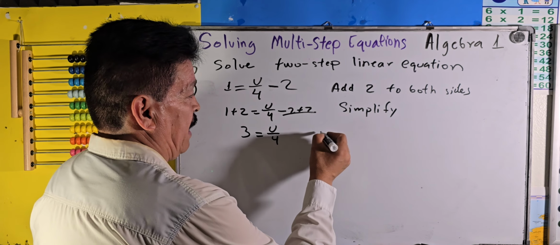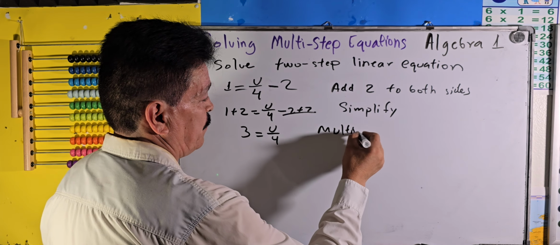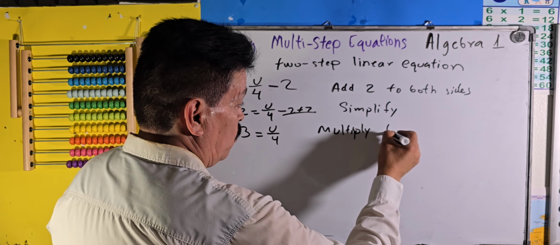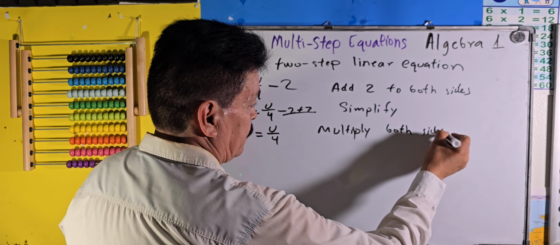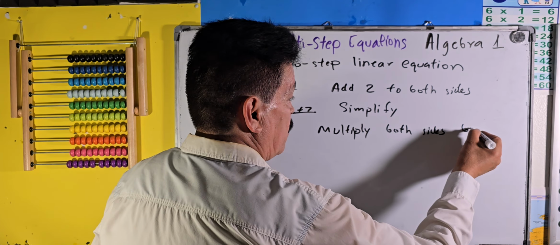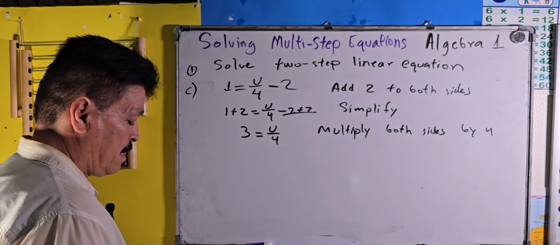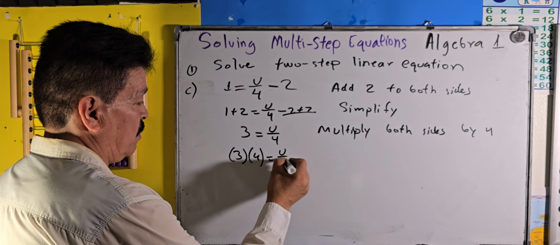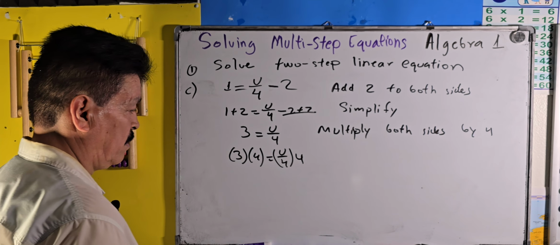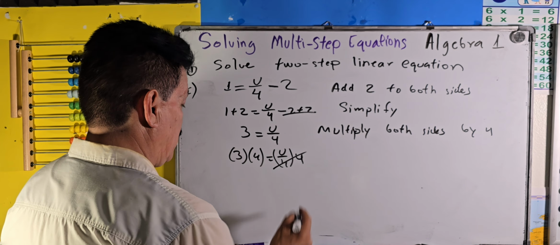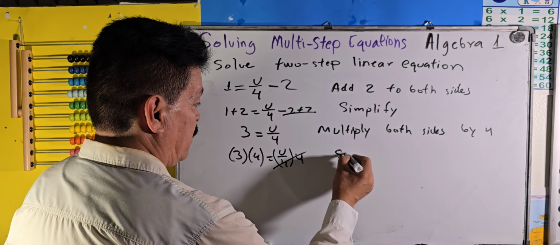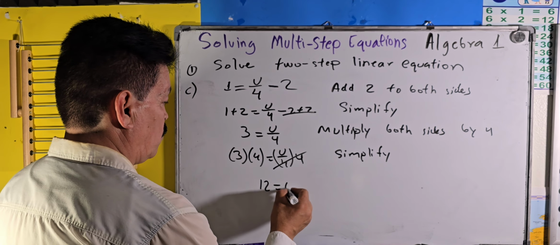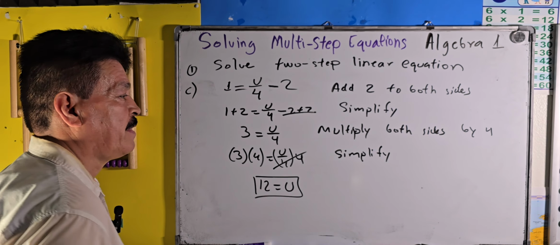So now multiply both sides by 4. It's easy, no? See? So 3 times 4 equals u divided by 4 times 4. Here cancel this, and then simplify. So our answer is 12 equals u. That's the answer, right?